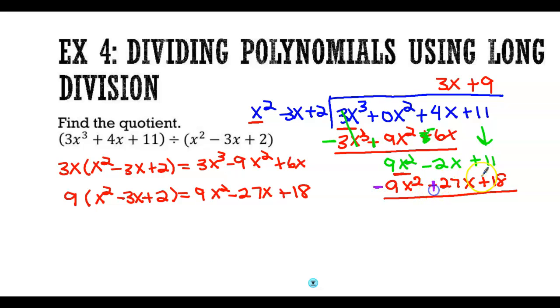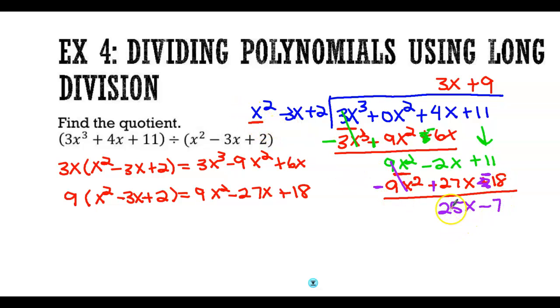Minus, plus, minus. So let's see what happens there. We're left with 9x squared that cancels. Negative 2x plus 27x is going to give me a positive 25x. And then 11 minus 18 is a negative 7.